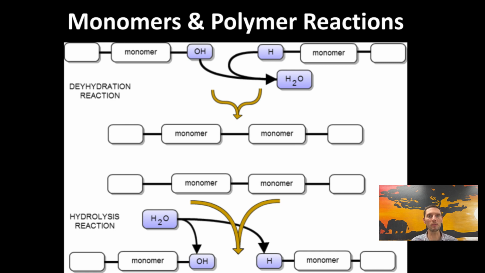The reactions that form polysaccharides or polypeptides or nucleic acids occur by the removal of specifically a hydroxyl group, an OH, from one molecule, and a hydrogen atom from the other molecule. And so we've got OH from one, H from the other. That gets removed, H2O, water, and then it creates a bond between those 2 different molecules.